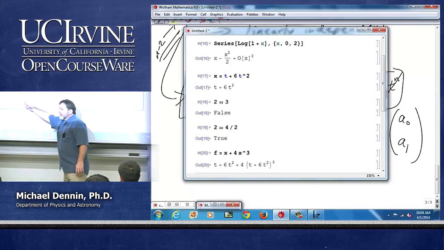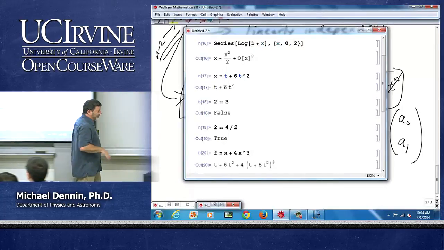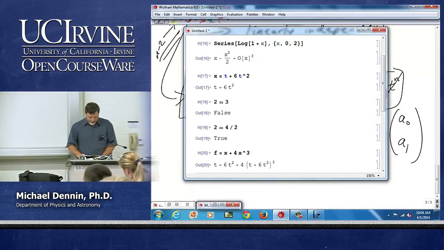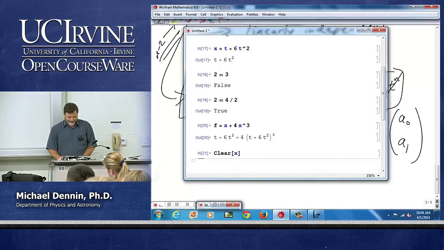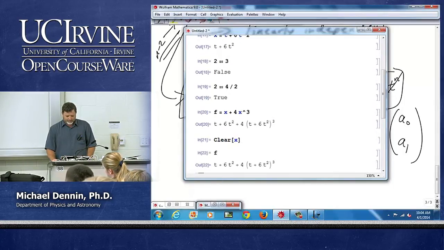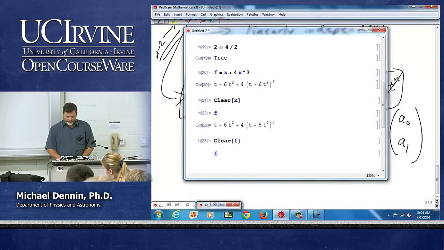So f is now known in terms of t. If I had done it a different way, so let's clear the value of x. Oh, it still remembers that, so let's clear f. And now let f equal to x plus 4x cubed.